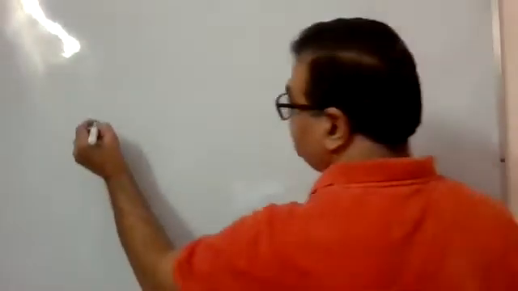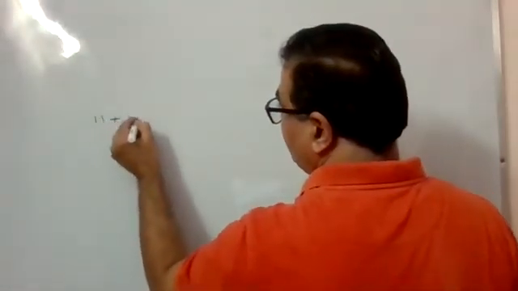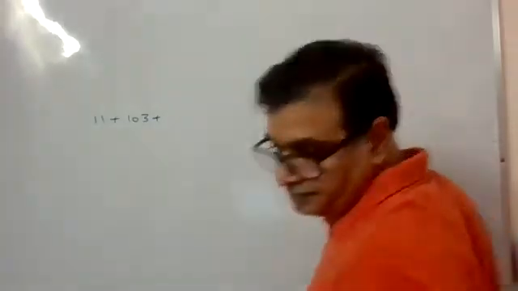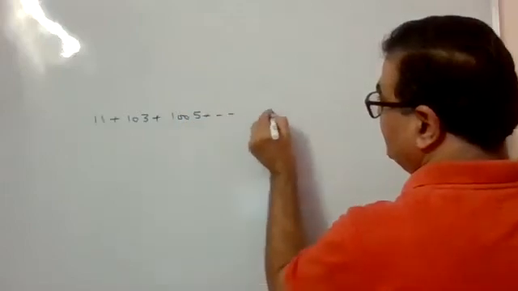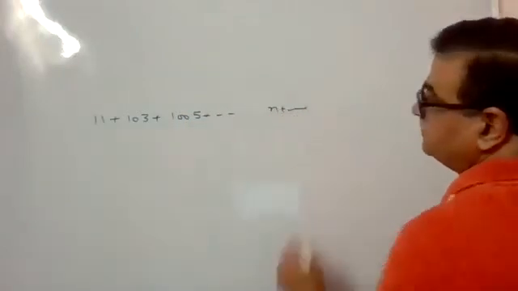Find the sum of n terms of the series 11 plus 103 plus 1005 till n terms.